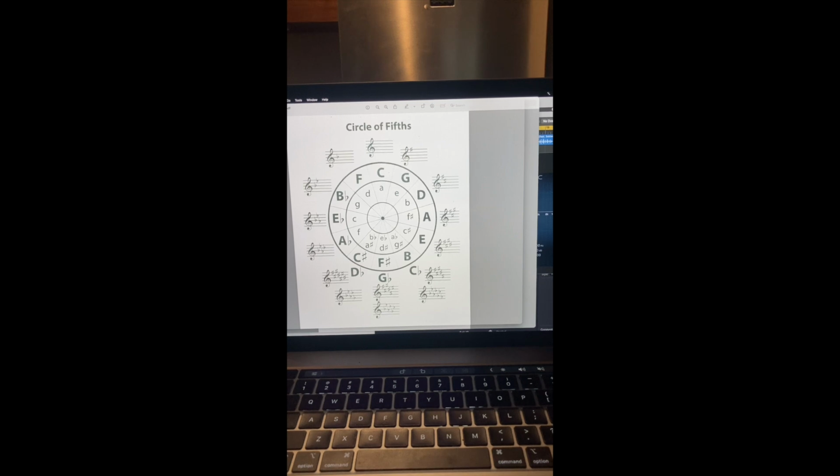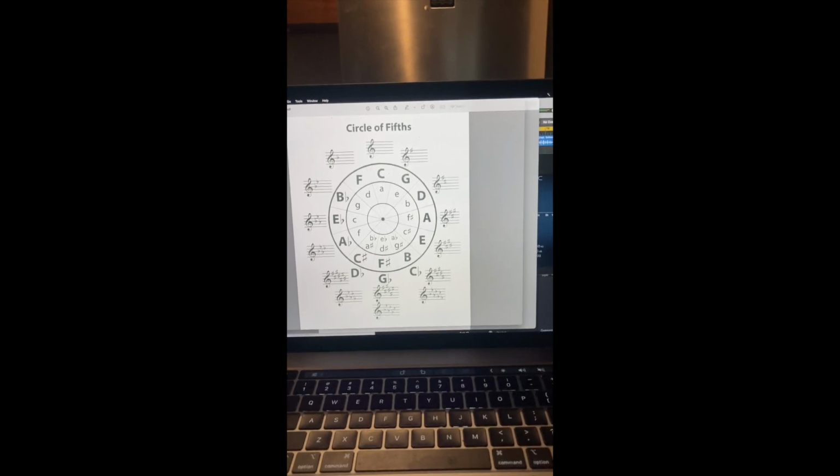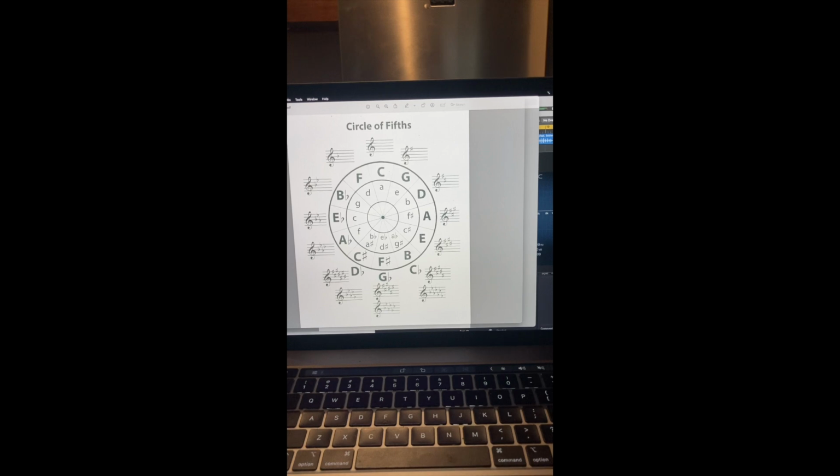So this is a C chord, but this is also A. And minor chords are a little more moody. So if I'm playing no sharps or flats, I'm not going to make a mistake if I'm in C major or A minor.